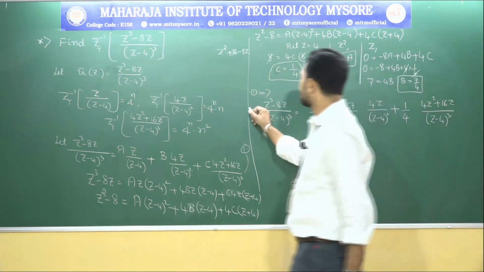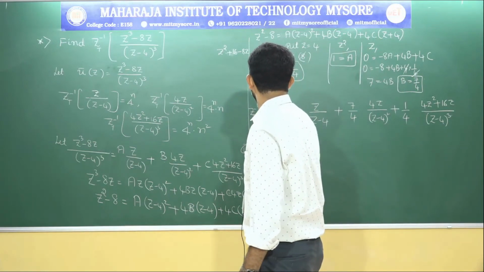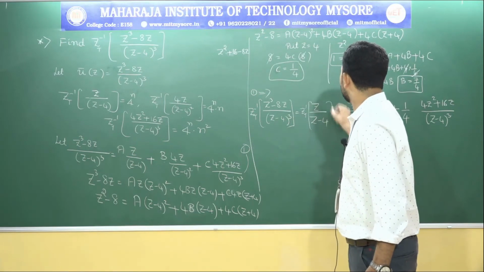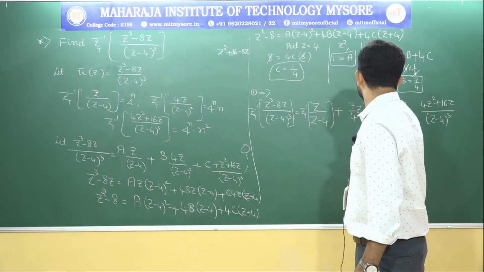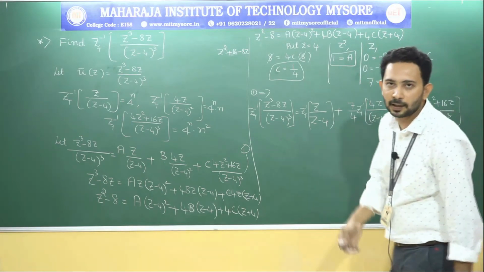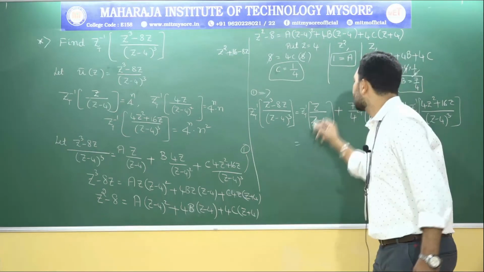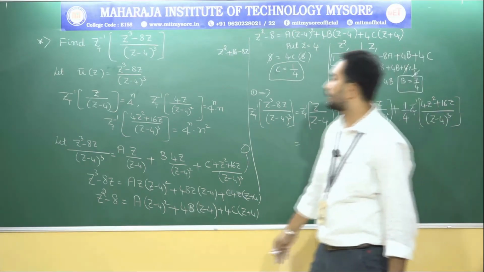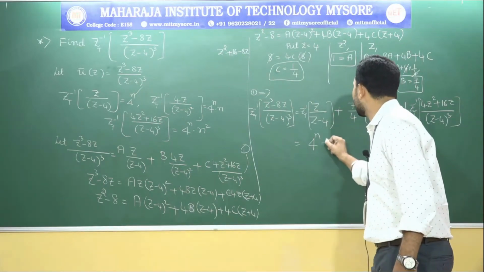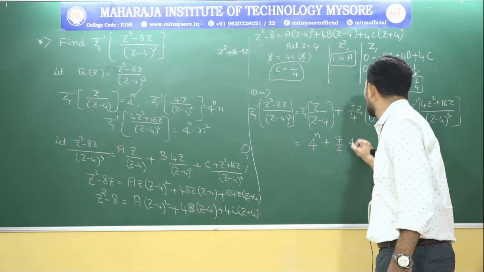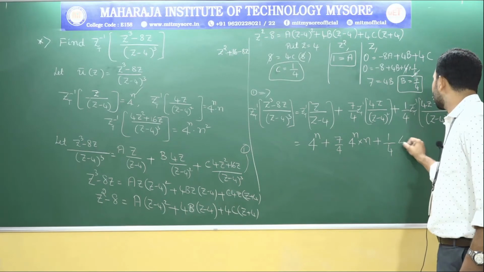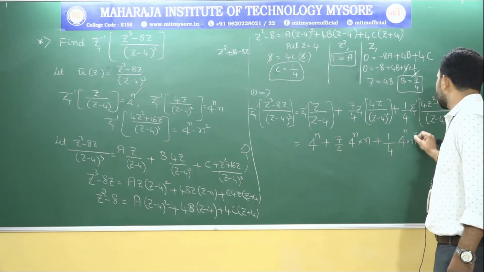If we take z inverse here, directly applying the linearity property, z inverse of z divided by (z minus 4), as we know, is 4 power n, plus 7 by 4 into 4 power n into n, plus 1 by 4 into 4 power n into n square.